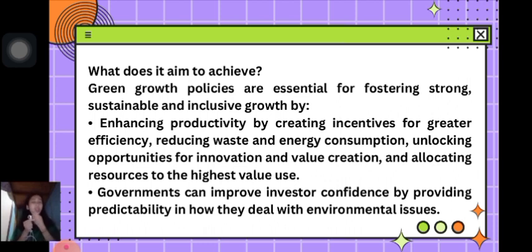So here, governments can improve investor confidence by providing predictability in how they deal with environmental issues.